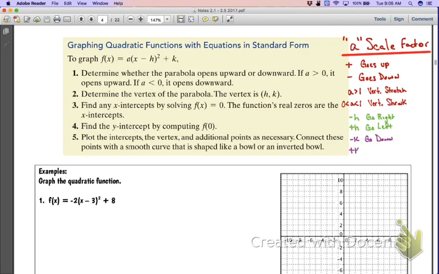If it's plus k, it's going to go up. So I guess really, in terms of positive, here it's more flipped over the x-axis, so then you don't get those confused. If it's positive, it's going to look like that. If it's negative, it's going to look like this.